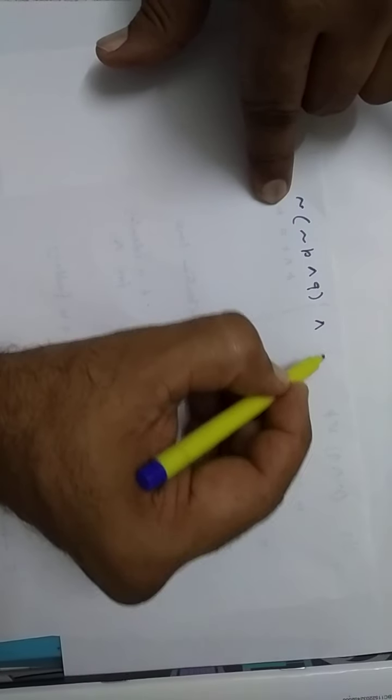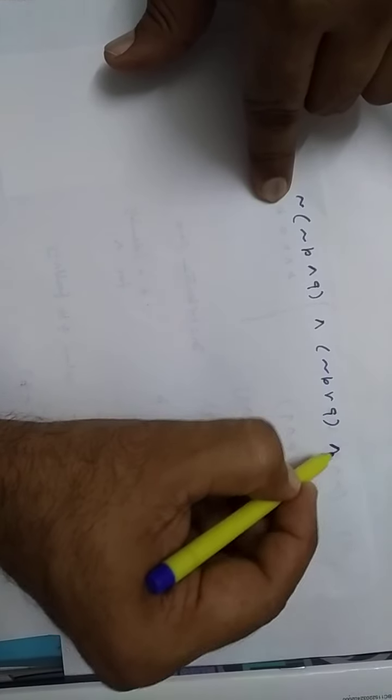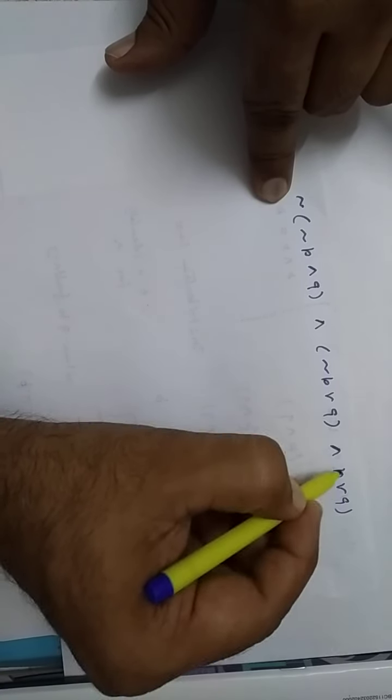And the last statement, negation of negation P and Q and negation of P join Q and P join Q. This one.